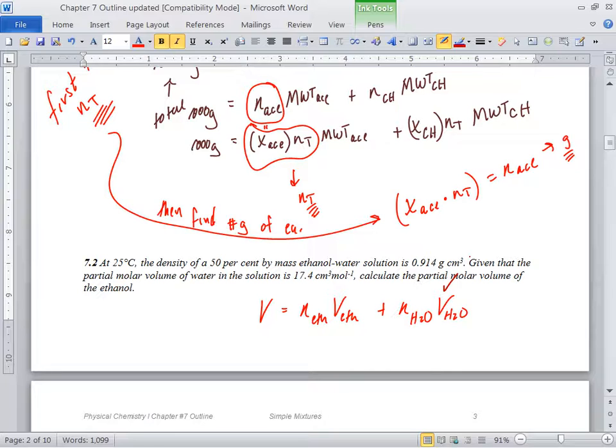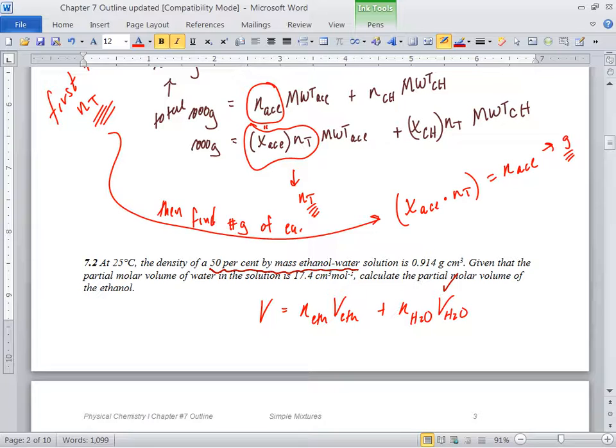It's 50% by mass. What does this mean to you? 50% by mass. So their amounts are equal to each other. Yeah, in what amounts? Not in volume, in weight, in mass, in grams.